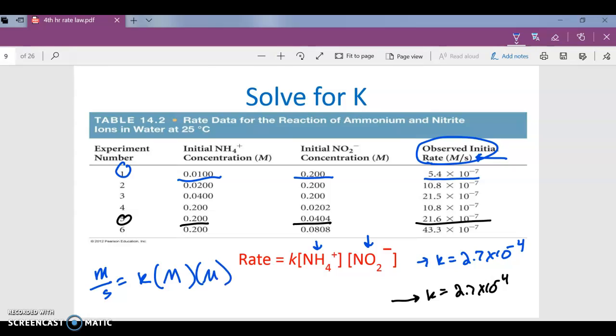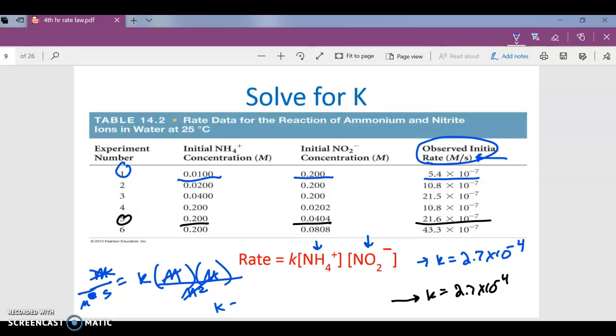So now I'm trying to figure out what are my units for K. This molarity times molarity, I'm going to divide both sides by that. In other words, molarity squared. And I get molarity squared over here, right? Because I'm dividing both sides by molarity squared. So that when I simplify this out, this molarity on top goes away, and I'm left with just one molarity on the bottom.